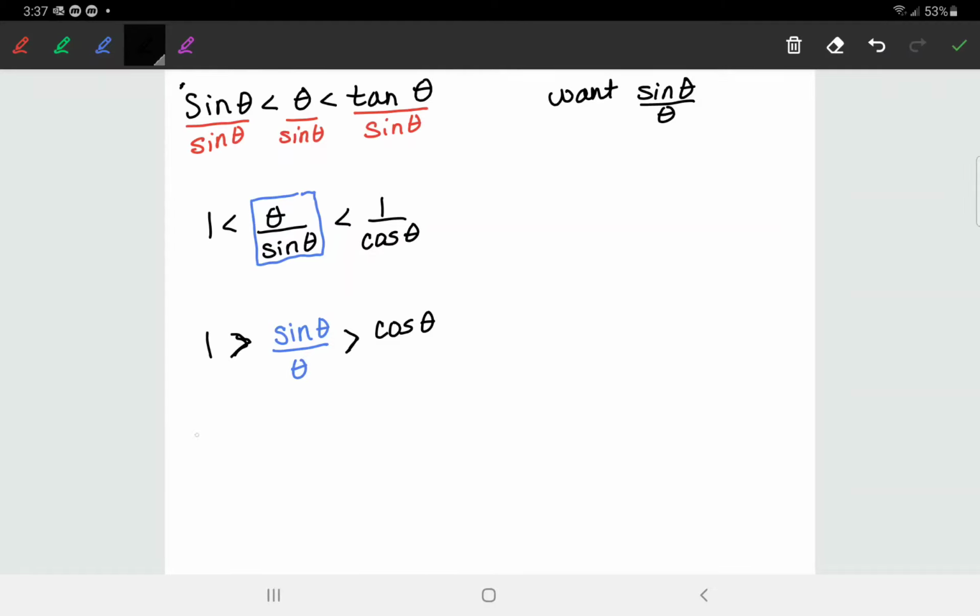We're looking for the limit as theta approaches 0, so we need to do it from the left and right-hand sides. So we'll have the limit as theta approaches 0 from the right of 1 must be greater than the limit as theta approaches 0 from the right of the sine of theta over theta, and that must be greater than the limit as theta approaches 0 from the right of the cosine of theta.